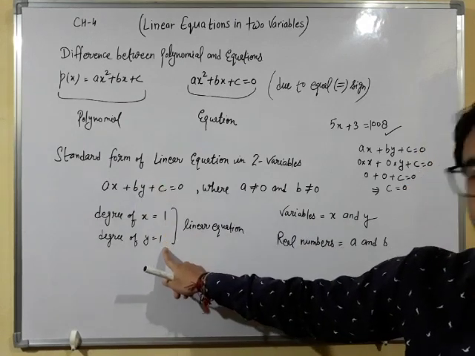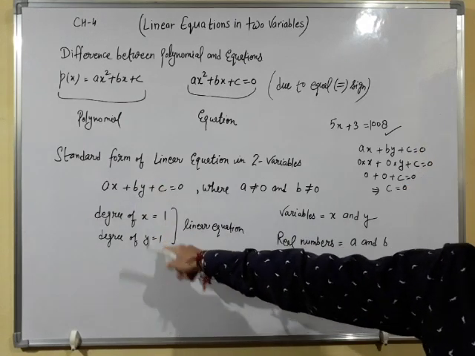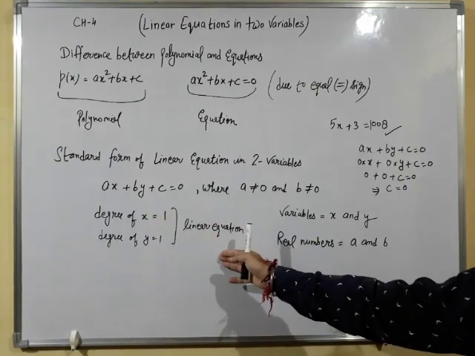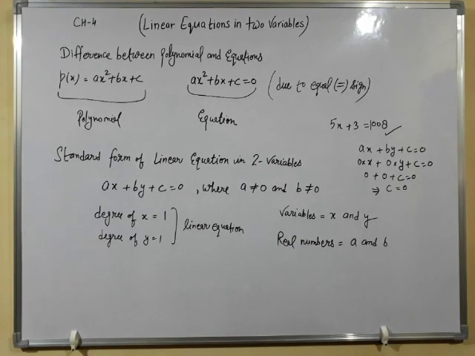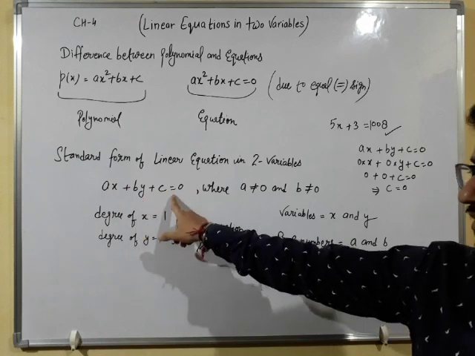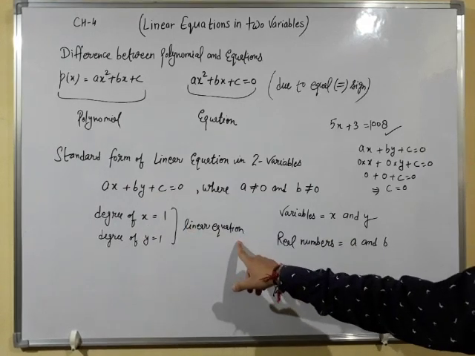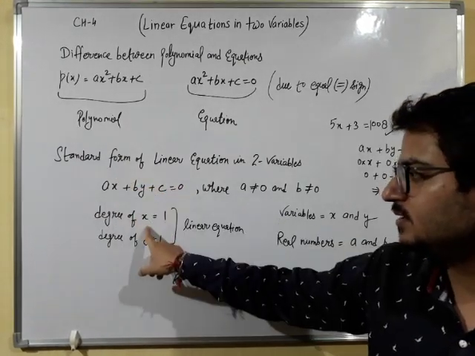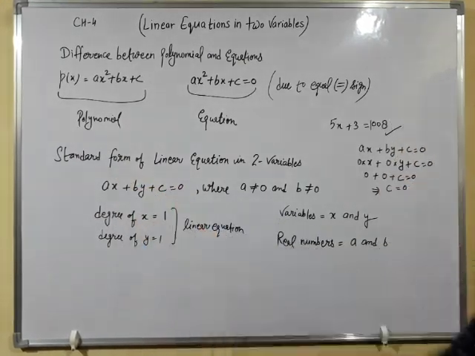And if the degree of any polynomial or any expression is 1, then that is known as a linear polynomial or linear algebraic expression, and we are discussing linear equations, so it will be a linear equation. Due to degree equal to 1, this equation is a linear equation.